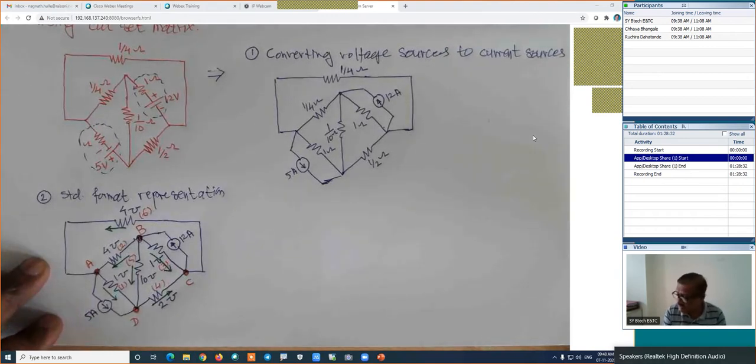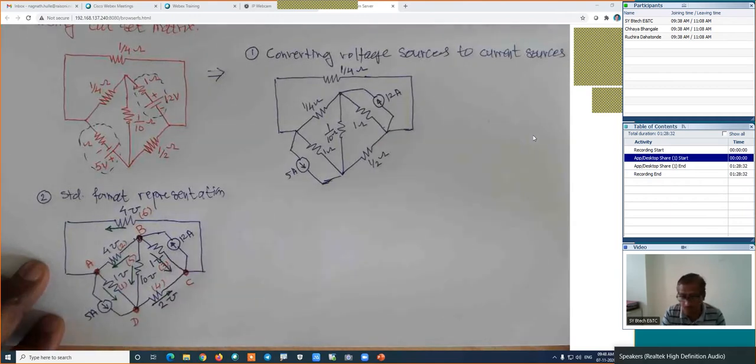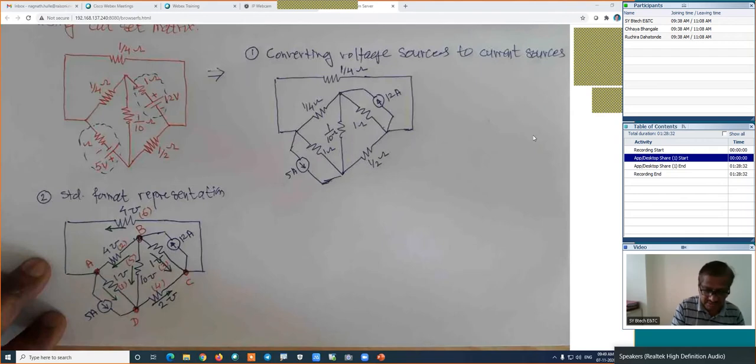Now, based on these assumed directions, we are in a position to prepare its oriented graph. And from the oriented graph, we are in a position to select a tree and we can do the remaining calculations. Is it right? Here I have taken random directions of the currents, and based on these, we will prepare the next point, which is nothing but the oriented graph.